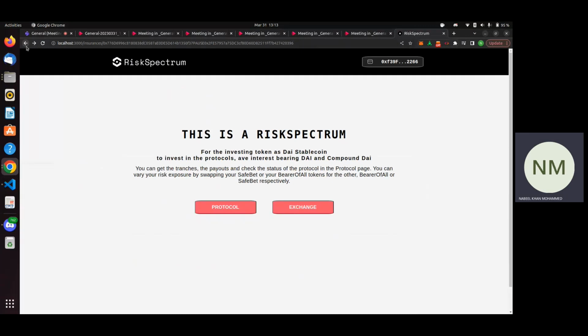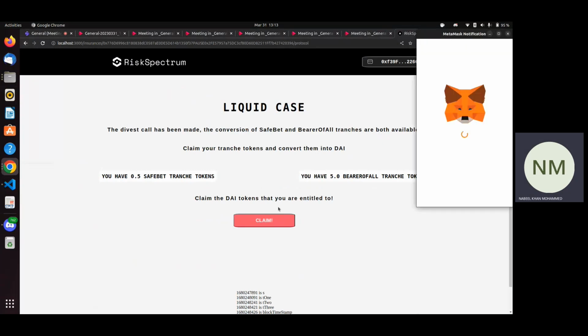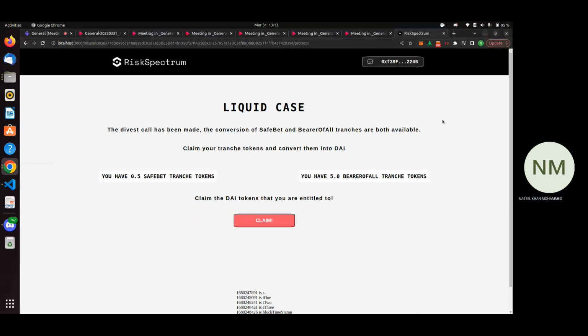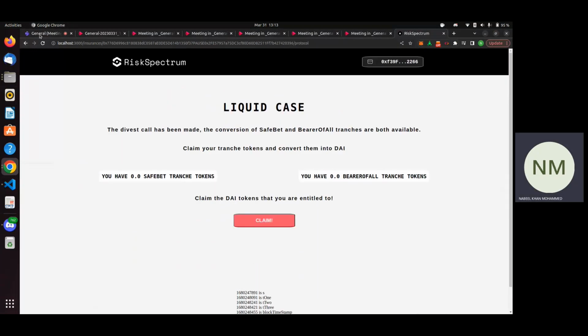So the safe bet is like 10 times more expensive than bearer falls. So we'll go to the protocol and we'll claim for this as well, and we'll complete the final presentation. All right, so I've got 0 safe bets and 0 bearer falls. That has been it. This has been the final presentation.